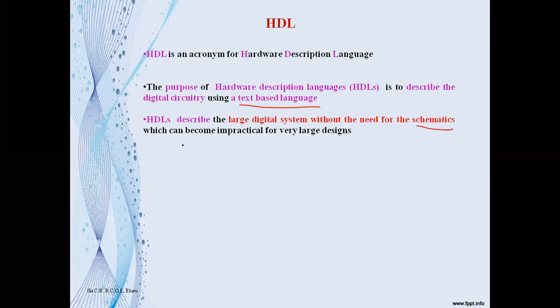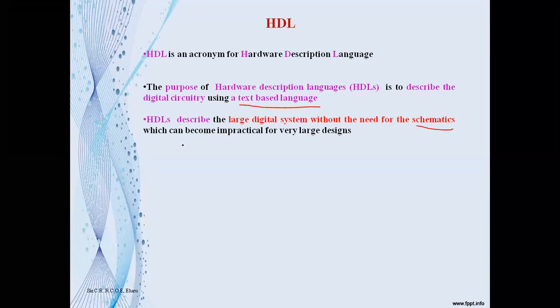For example, a computer. If you take the CPU of a computer, we cannot describe the entire CPU with the help of schematics.